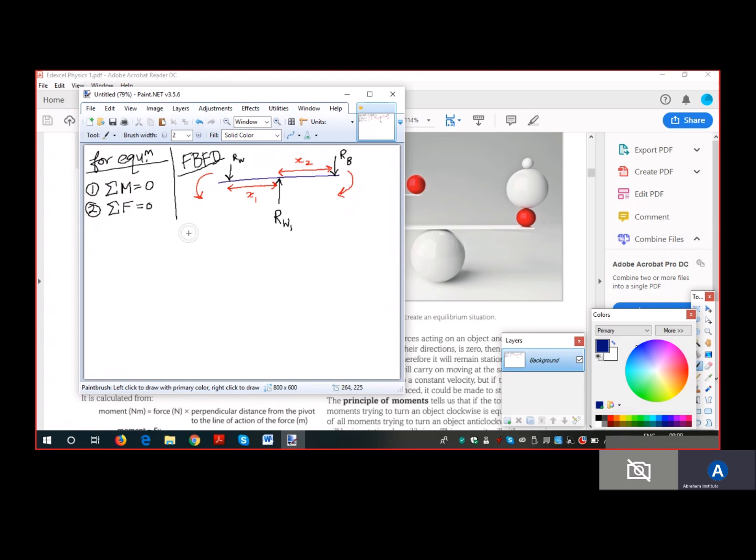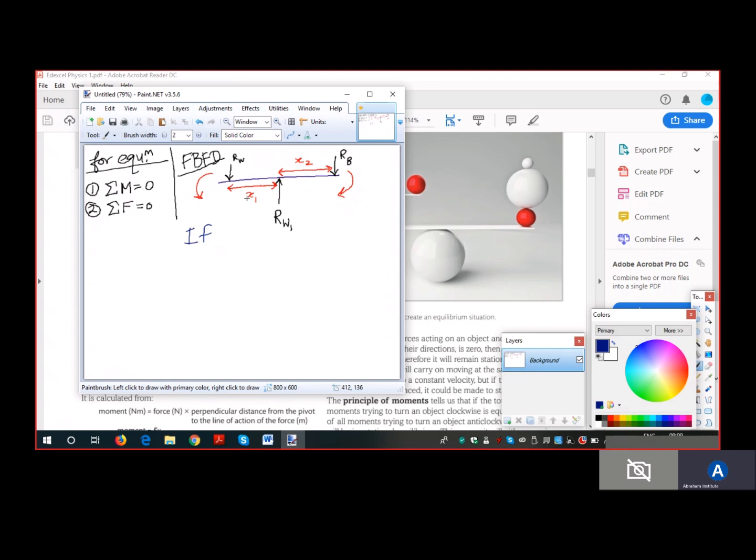If this plank is stationary, that means it is in equilibrium because of Newton's first law. Newton's first law states that if a body is in equilibrium, it has to be either stationary or traveling with constant velocity.